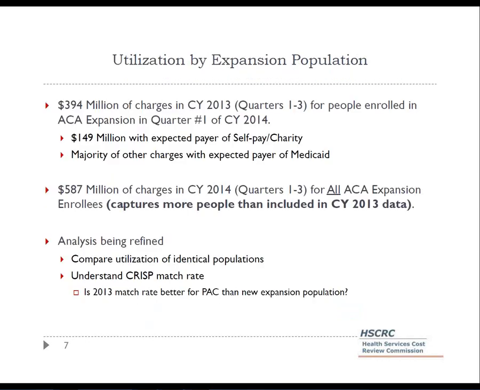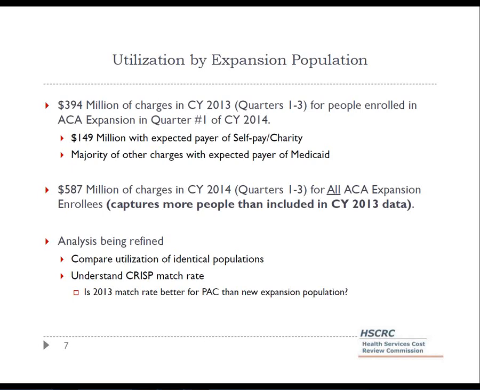The second issue that we worked with CRISP to examine is how has the utilization changed for the people who enrolled in the expansion? What was their hospital utilization prior to the Affordable Care Act getting them coverage in Medicaid, and what is it today? So what CRISP did is they took anybody who was enrolled in the expansion in the first quarter of 2014.